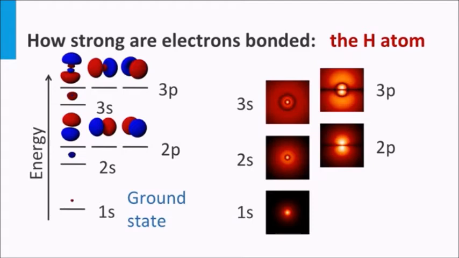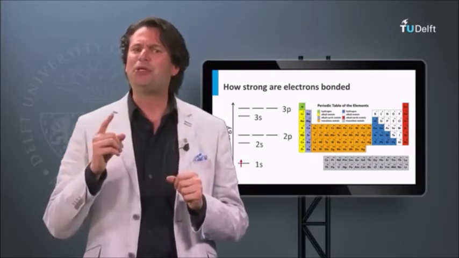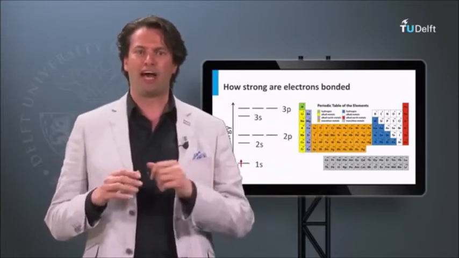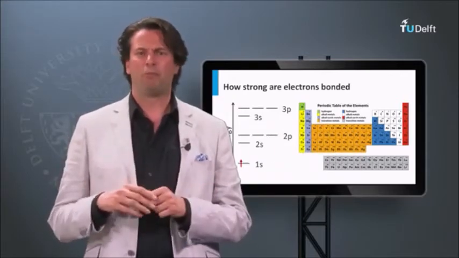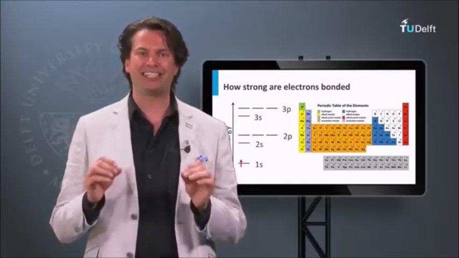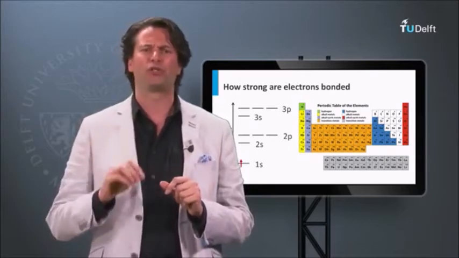The 3p orbital is again asymmetric and starts to consist in rough approximation of four lobes and has three different states. These discrete energy levels can help you understand how the periodic table of elements is built up.